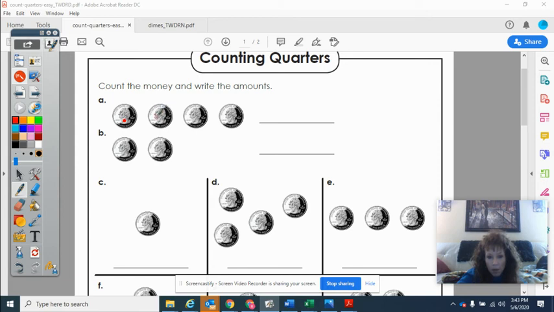All right, so looking at A, I've got 25. Well, how much is 2 quarters? 50. How much is 3 quarters? 75. And 4 quarters makes $1. Okay, so I'm going to write a dollar sign, 1, and there's my $1.